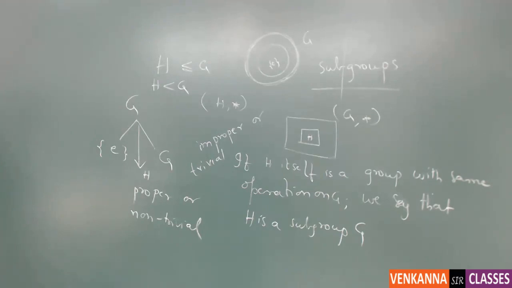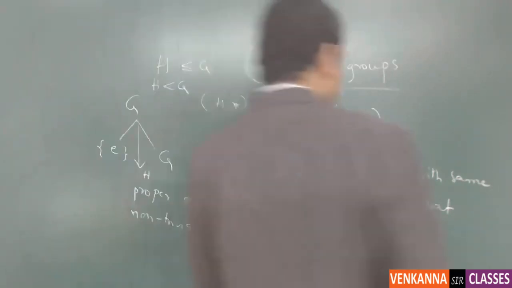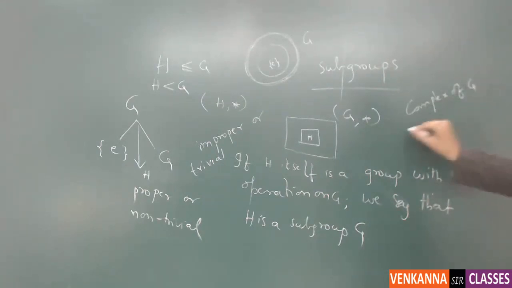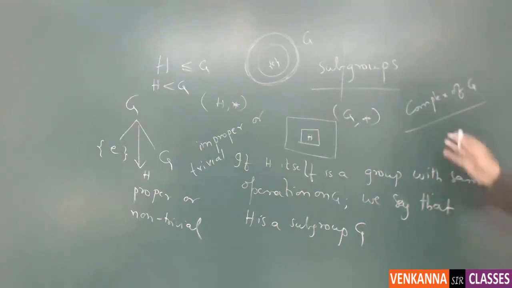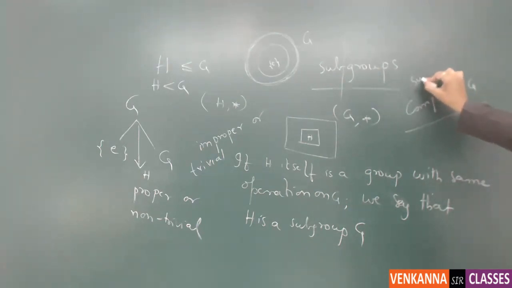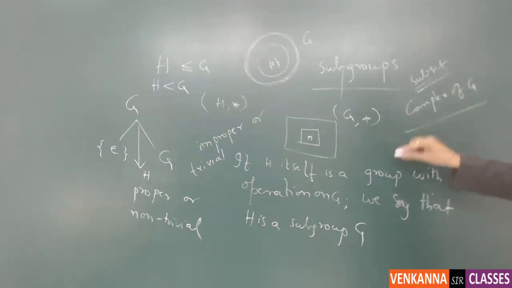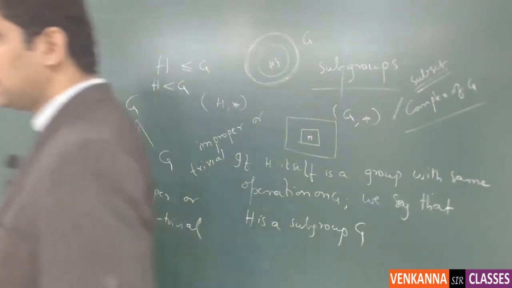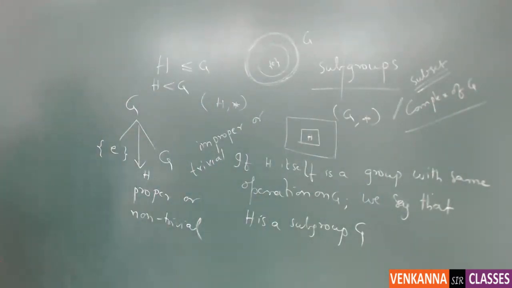So if H is just a subset, not a group, then we call H by a different name, that H is a complex of G. In other words, every subset we call with the word complex.